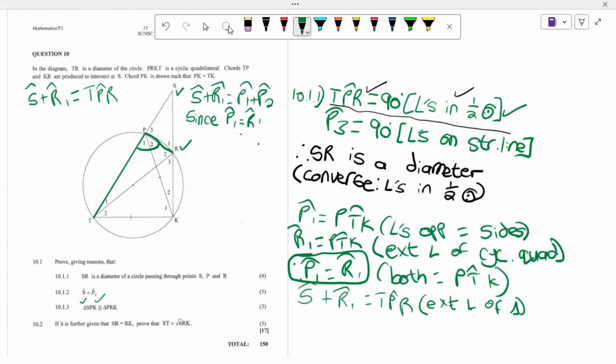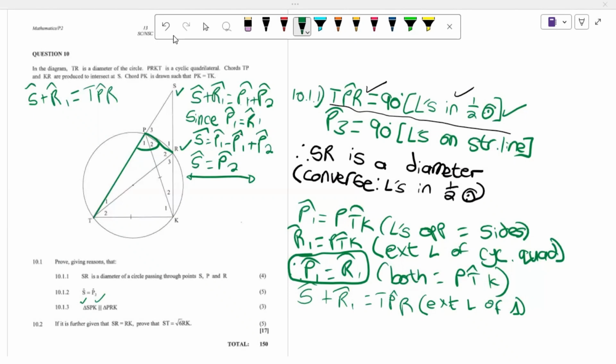So we can do the following. I can say now angle S will be equal to angle P1 plus angle P2 minus angle P1. P1 minus P1 is 0, so S will be equal to angle P2.